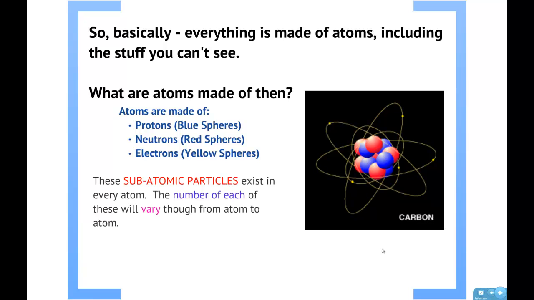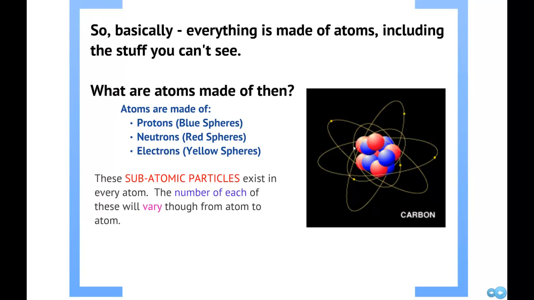From that other bit of the presentation, I just want you to know that, as far as humans know, everything is made up of atoms, including the stuff that you cannot see. Air, for example, is made of atoms. The sun, all sorts of stuff. Everything's made up of atoms. So then what are atoms made of? While scientists have gotten really fine measurements of what atoms are made of, we're just going to stick to three basic items: protons, neutrons, and electrons.